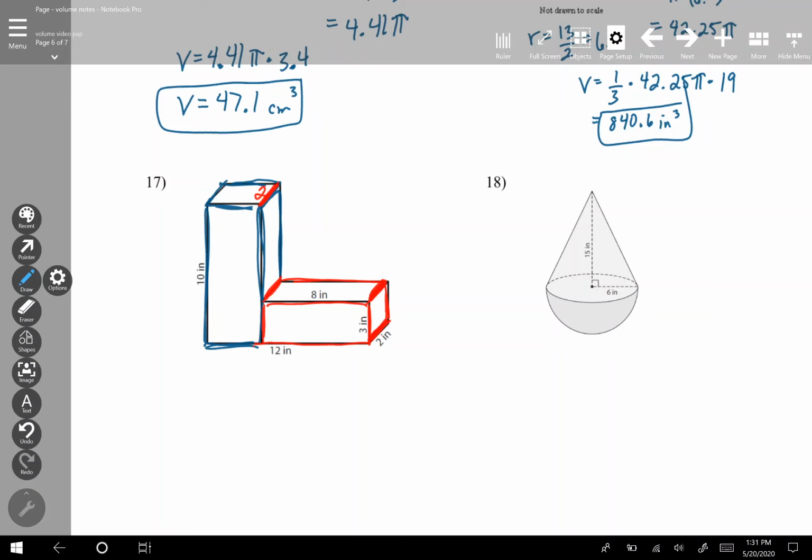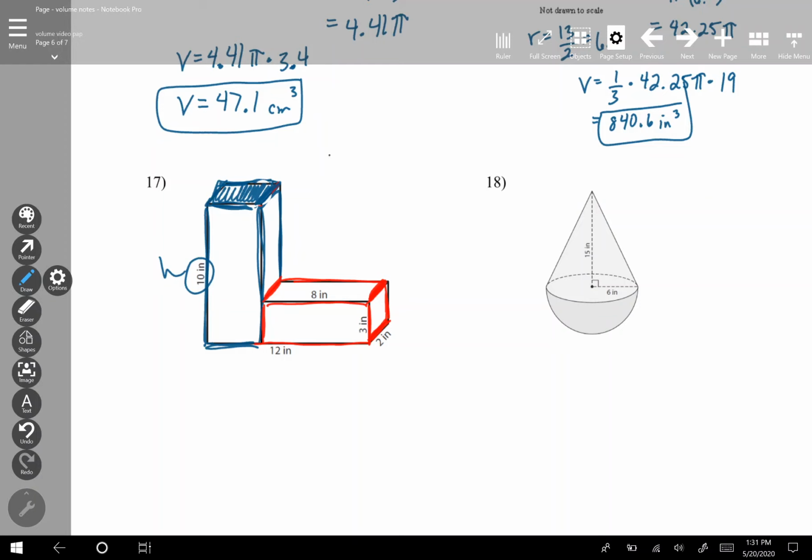Now, as far as this measurement right here, because I'm concentrating on the blue prism first, the tall upright one, you can see the height of it is 10. So I'm going to call that my height. And then this top rectangle and the bottom rectangle, those will be my bases. Okay, so let me actually call this my base.